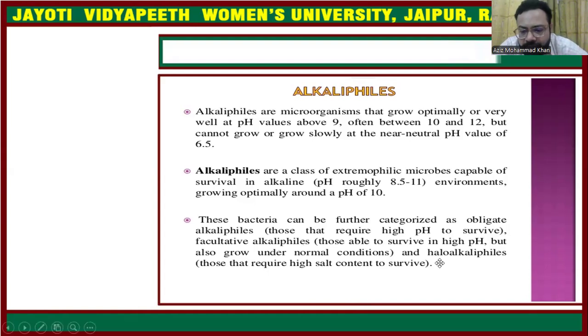Next are the halo alkalophiles. What are halo alkalophiles? Those that require high salt conditions for their survival. We know halophilic bacteria are bacteria which love high salt conditions. They are also alkalophilic in nature.